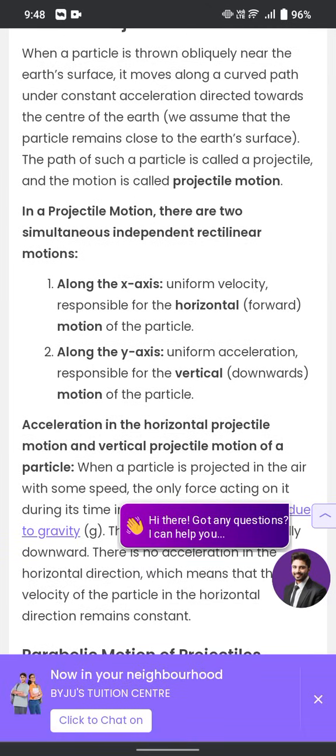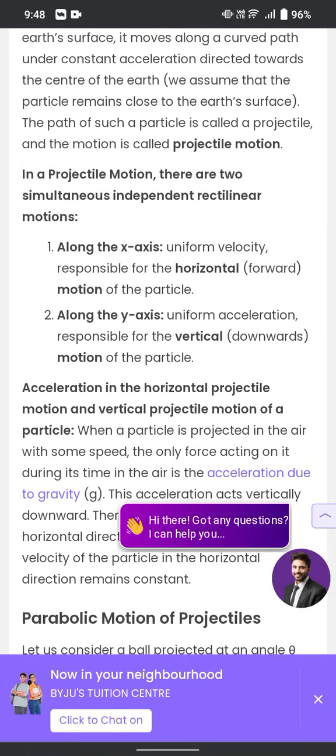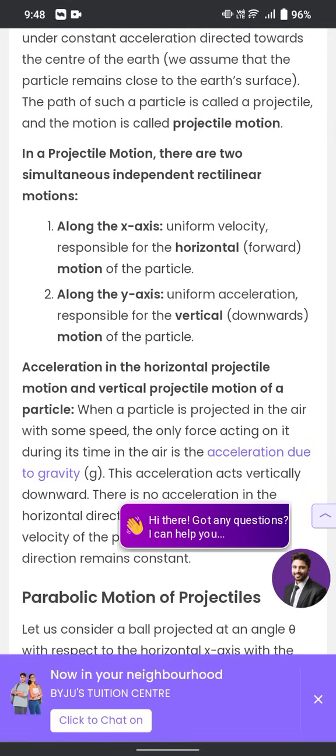In projectile motion, there are two simultaneous independent rectilinear motions. First, along the x-axis, a uniform velocity responsible for the horizontal forward motion. Second, along the y-axis, uniform acceleration responsible for the vertical downward motion of the particle.